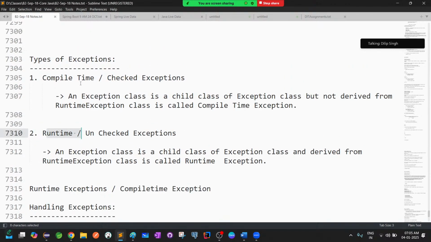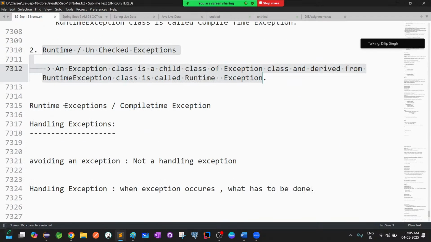And we took an example also of which exception is called a compile time exception, and which exception we are going to call a runtime exception. What are the rules we have to remember, or how to understand it, we took an example. The runtime exceptions come only while executing the program.